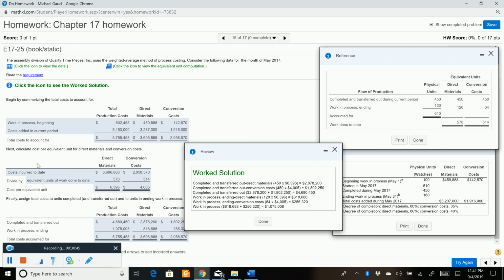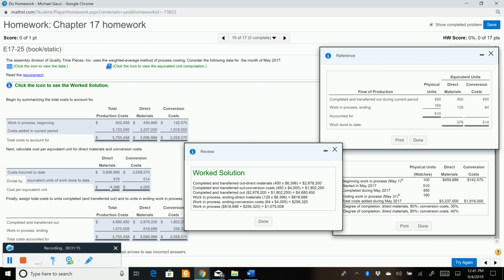So the next step, after we summarize all of our costs we need to account for, is to calculate our cost per equivalent unit. For direct materials, we see the total cost to account for, and I have it highlighted here, $3,696,888. We will now divide that by our equivalent units for direct materials, which we calculated over here on the far right, of 578.